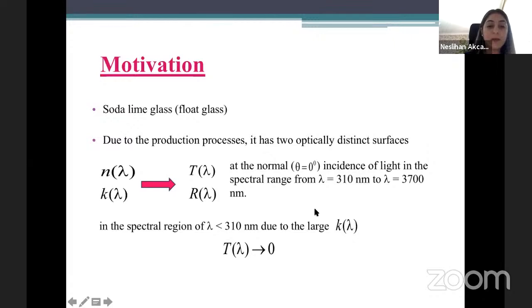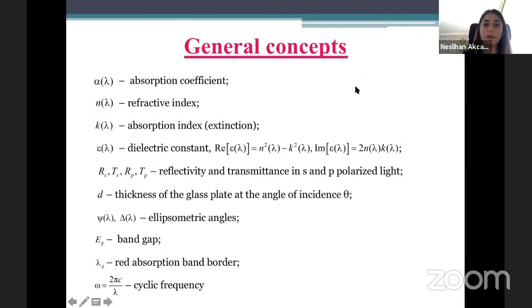But when you come to the spectral region where lambda is smaller than 310 nanometers, due to the large extinction coefficient, transmittance goes to 0. That's why this method does not allow us to determine the optical constants n and k in this spectral region. So we aimed to investigate the optical properties of the soda-lime glass substrates using two different methods in this study. At first, I would like to mention general concepts in our study.